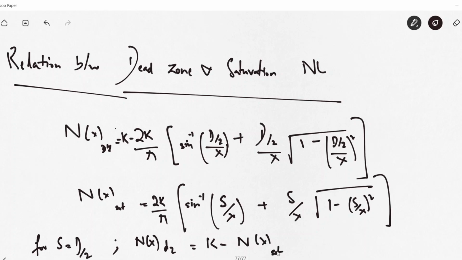So the describing function of the dead zone is K minus the describing function of the saturation effect. This is our relationship between dead zone and saturation.